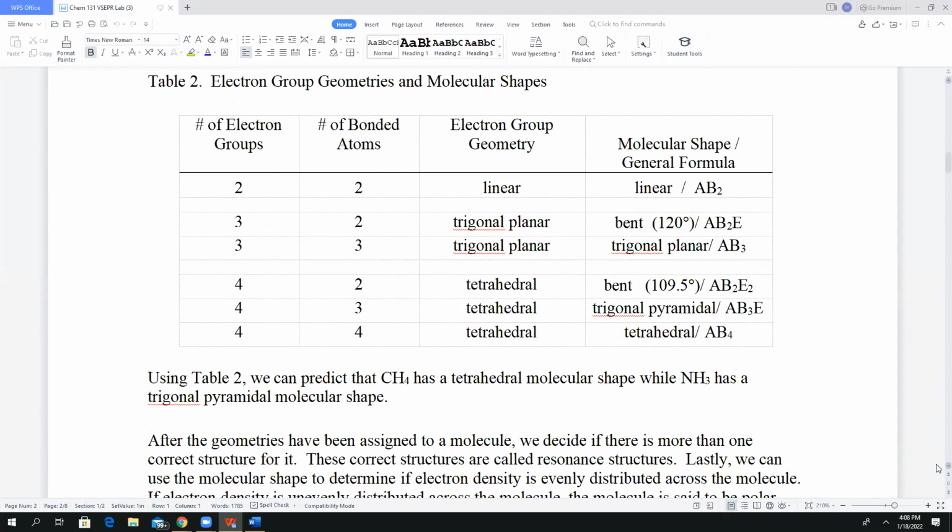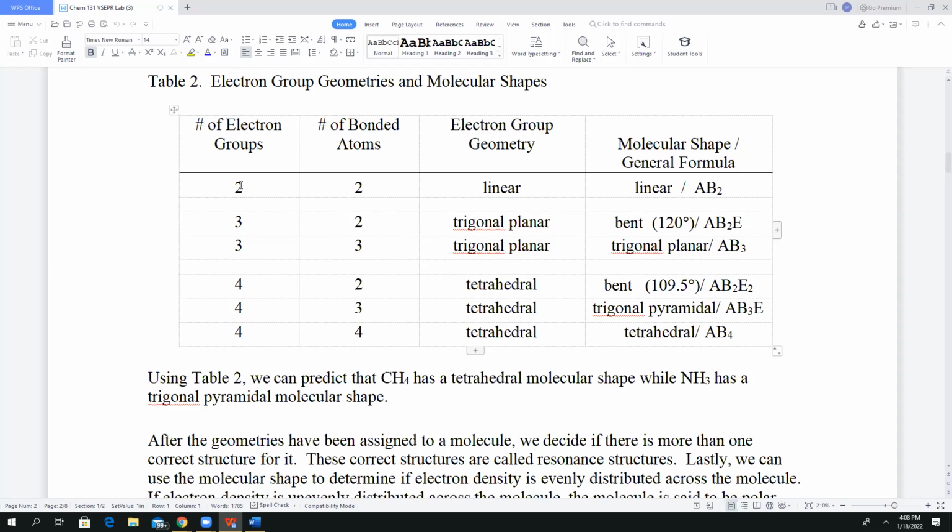This is the table that you want to know, because this will give you every single possibility of a non-expanded octet geometry, which is what we're reviewing. We're reviewing the non-expanded octet ones. All right, so you have number of electron groups 2, number of bonded atoms.